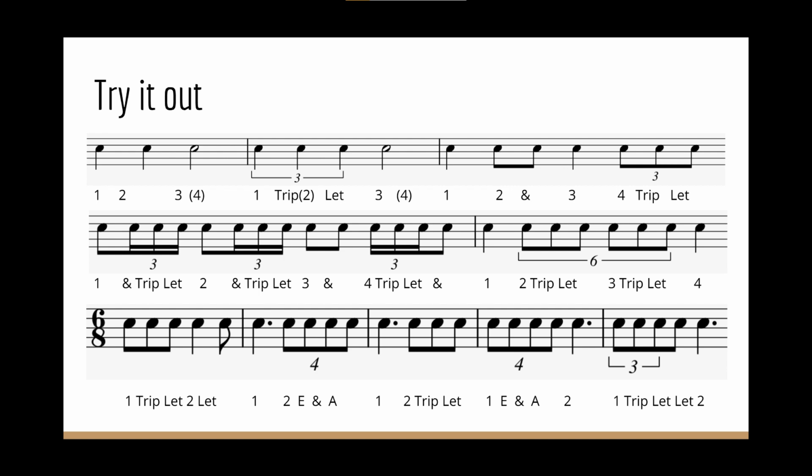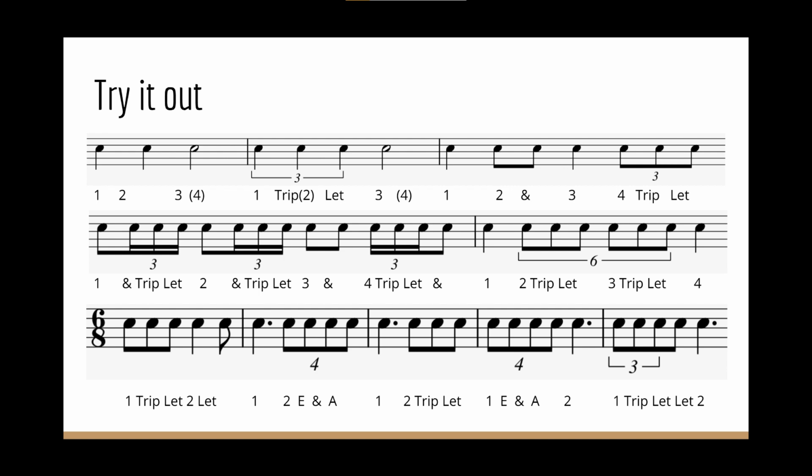Okay, here's how I would count it out. Let's set the metronome and I'll clap along. 1, 2, ready, go. 1, 2, 3, 4. 1 triplet 3, 4. 1, 2, and 3, 4 triplet. That's the first line.